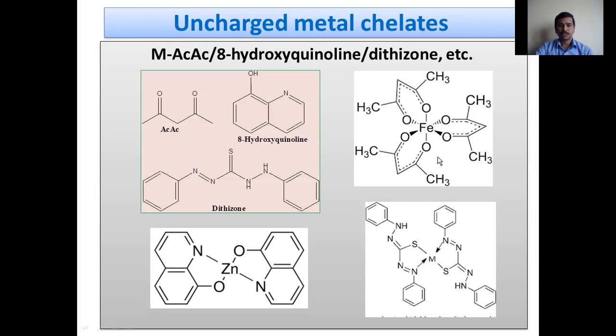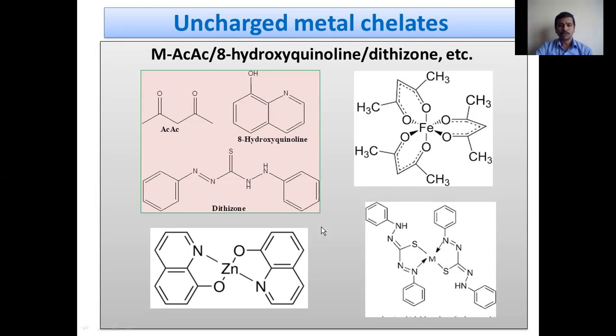Here I have presented three examples: iron acetylacetone complex, zinc 8-hydroxyquinoline complex, and, for any metal among zinc, lead, bismuth, tin, nickel, palladium, diphenylthiocarbazone (dithizone), which is a selective reagent to complex.